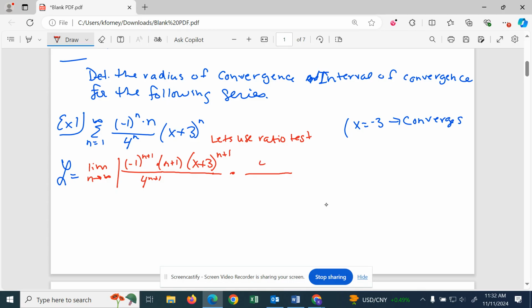So that's going to be 4 to the nth over negative 1 to the n times n times x plus 3 to the n.